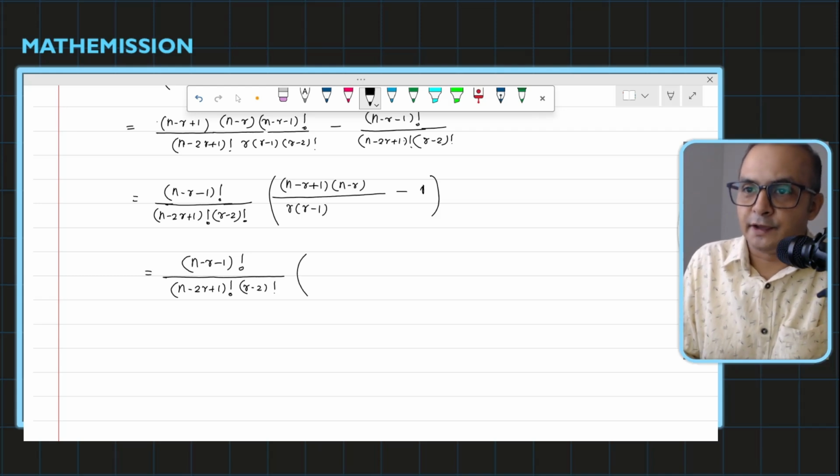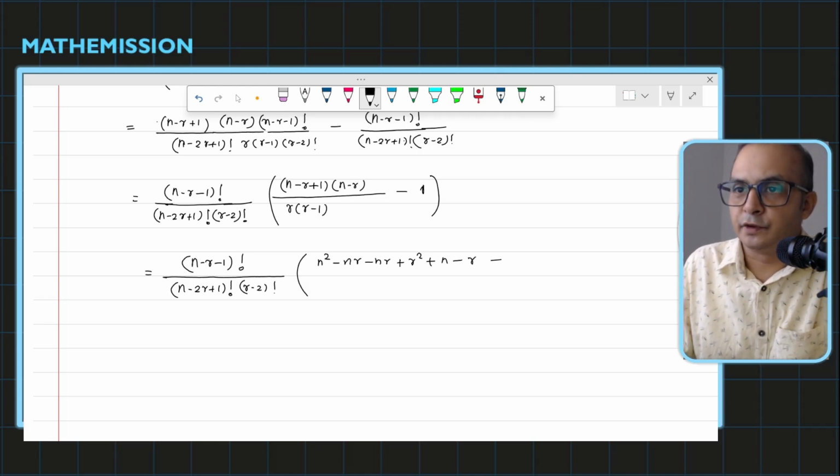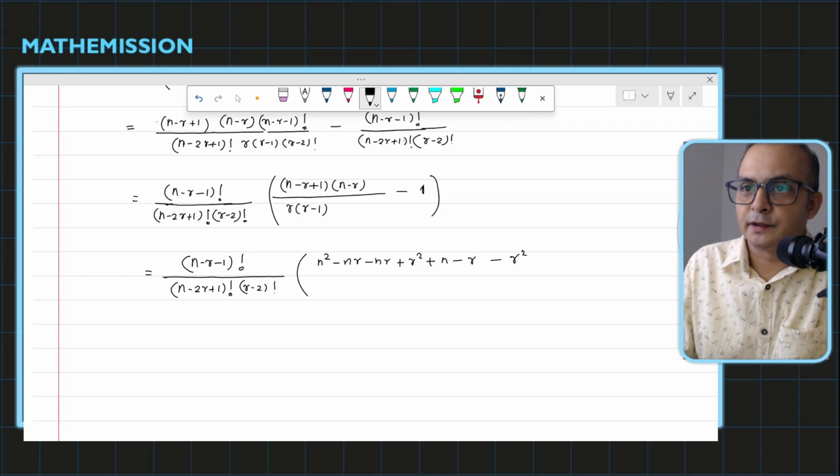And if you simplify this, this will give you n square minus nr minus nr plus r square plus n minus r, and this will simplify further, giving minus r square plus r.